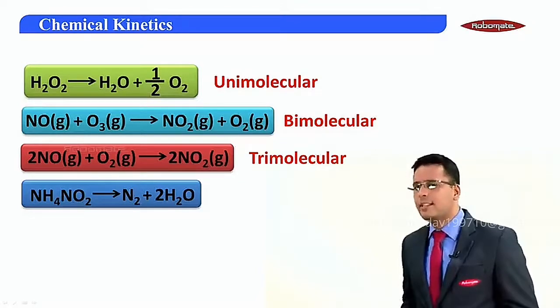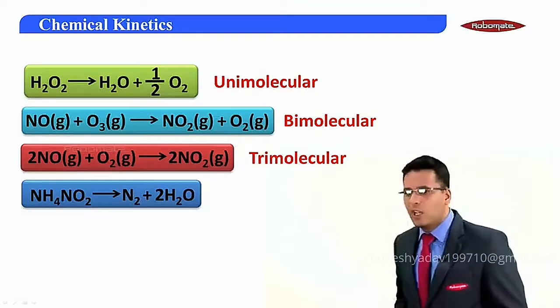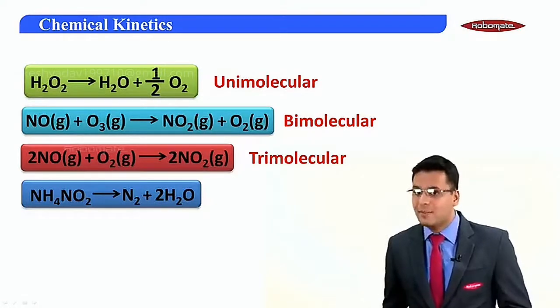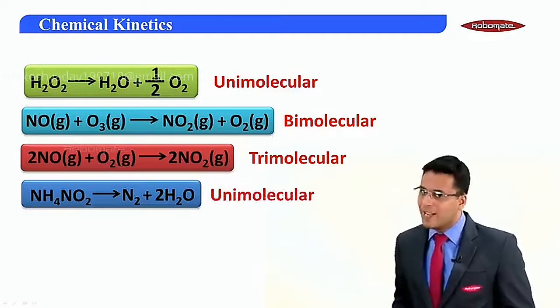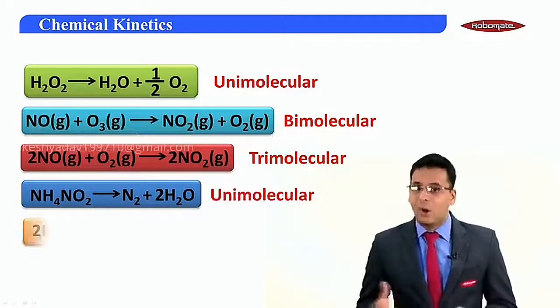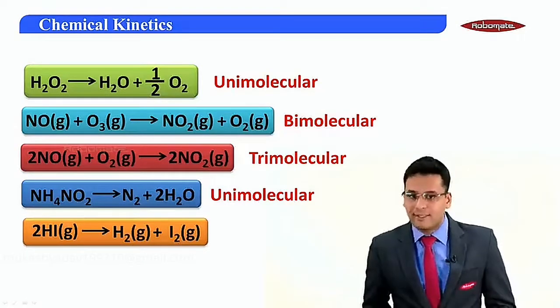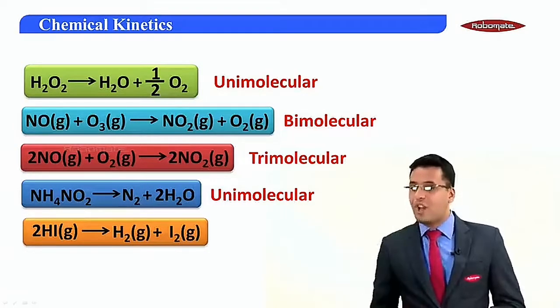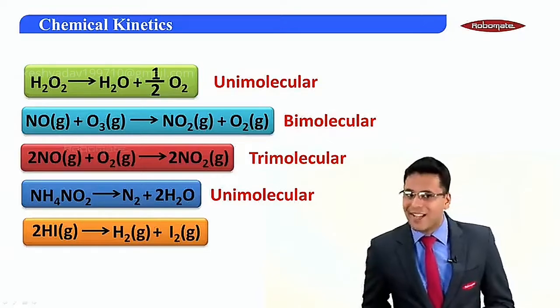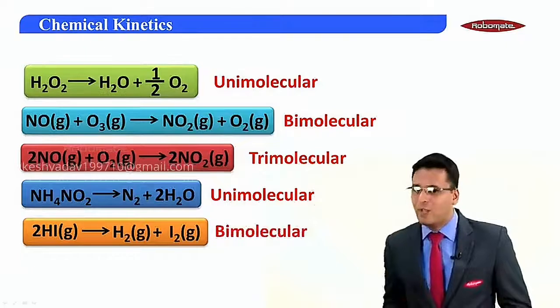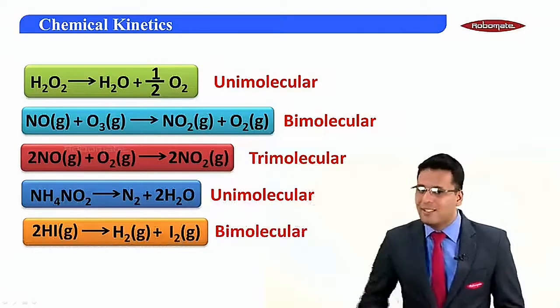Once again, I can see that just one molecule is decomposing to bring about the reaction, which means, once again, it's a unimolecular reaction. Or if you consider this one right here, 2HI giving products. 2 molecules of HI are participating in this reaction. That means it's a bimolecular reaction. The molecularity is 2.